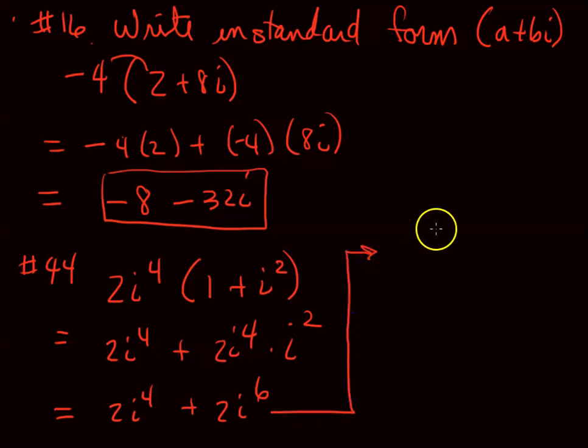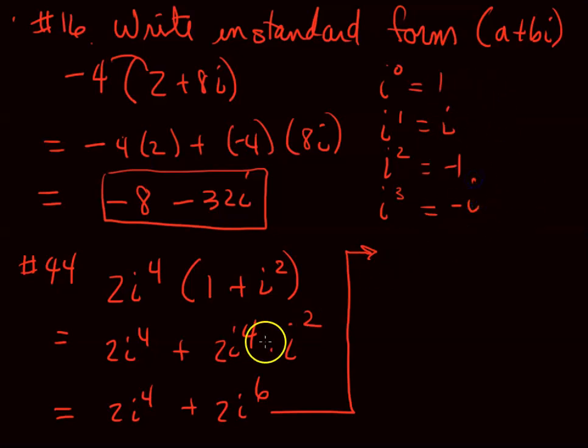Let's see here. i to the 4th. Let's see. i to the 0 is 1. i to the 1 is i. i squared, negative 1. i cubed, negative i. So i to the fourth is just a 1.